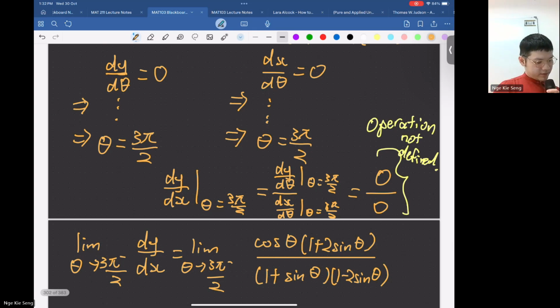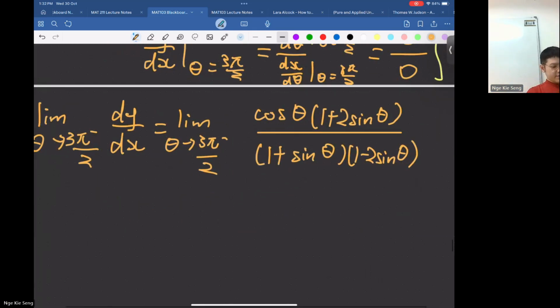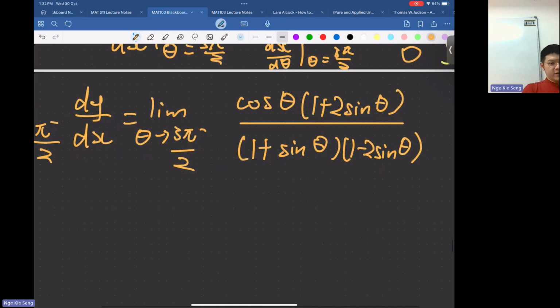Right. You know how to compute this limit here? This is a calculus 1 question. So how to do this? Is there a quick way to compute this? What is sine 3 pi over 2? Huh?